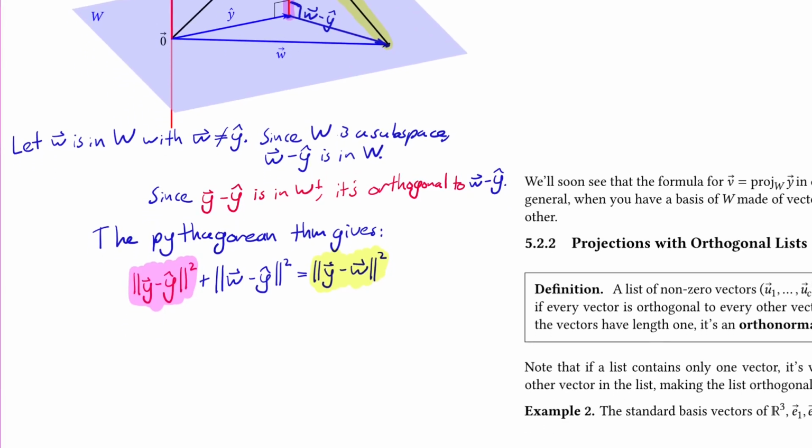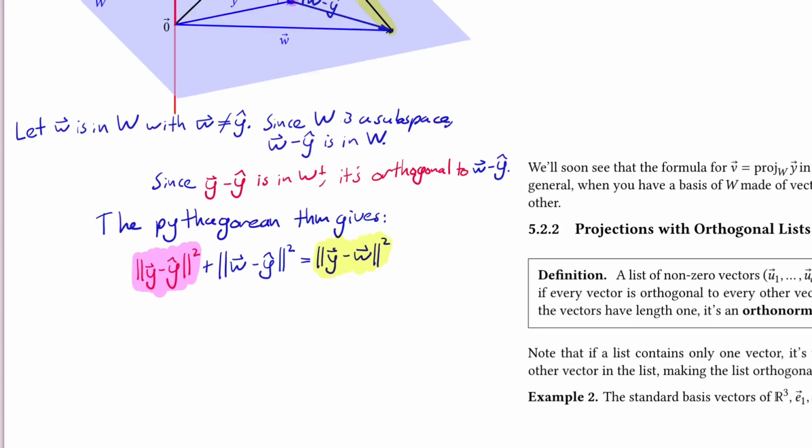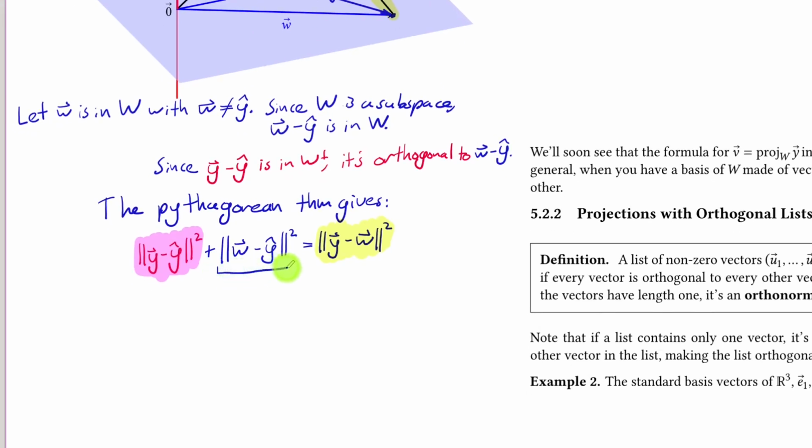And since w is not the same vector as y hat, we know that this is not 0, because the vector that you're getting the length of is not 0. So the length of w minus y hat squared is greater than 0, which means this plus a positive number equals the length of y minus w squared.